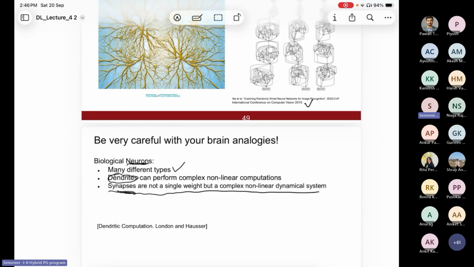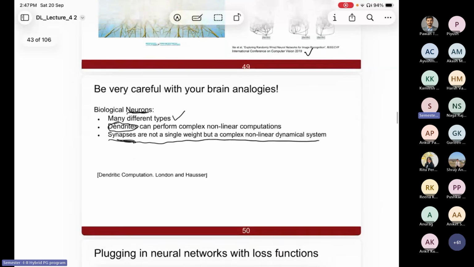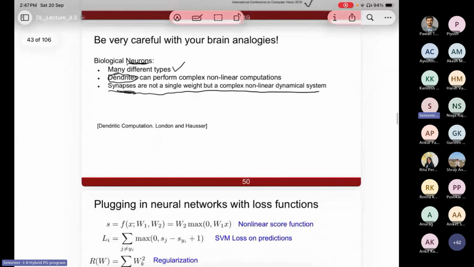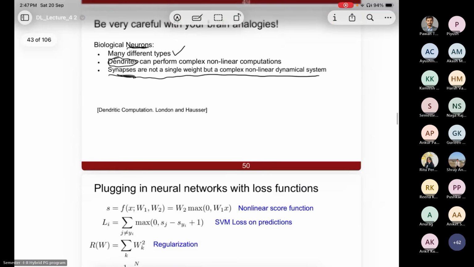Okay, but somehow we found that there is some similarity, and that's why the terminology has been derived from the human brain. These slides were just giving the relationship between your biological neurons and the artificial neurons. Okay, now let's go for the next part.